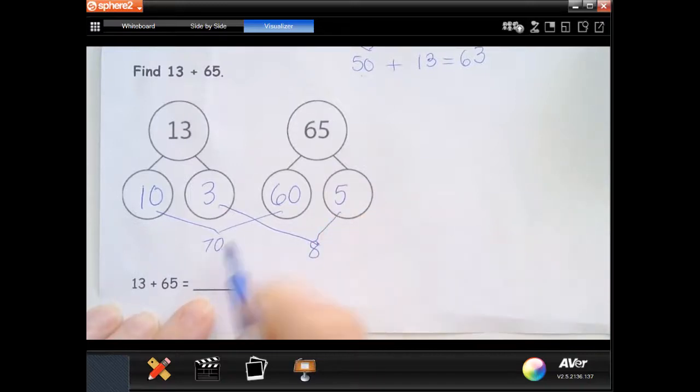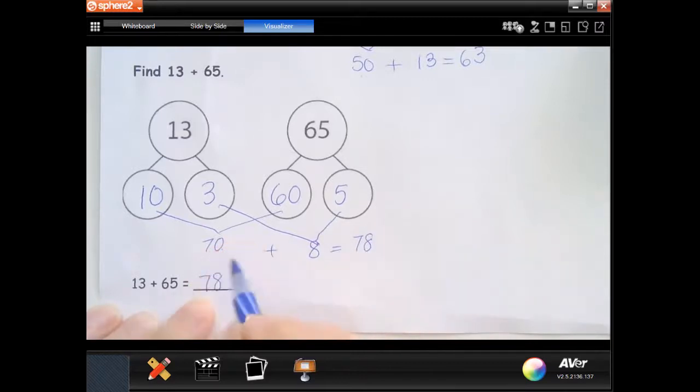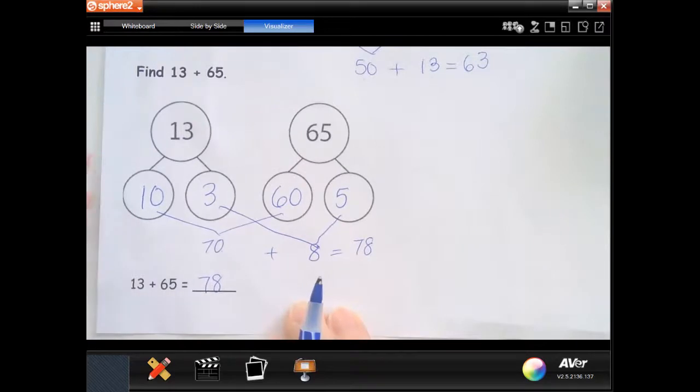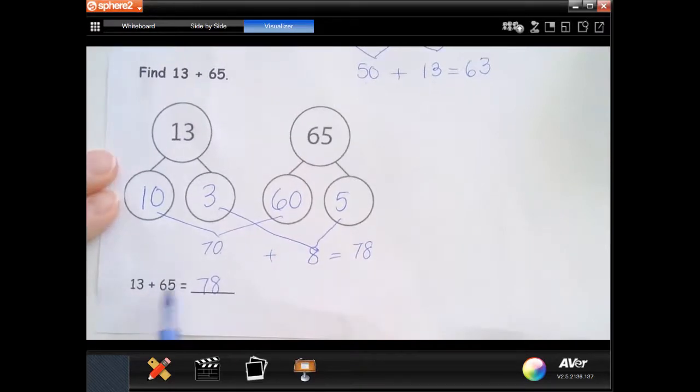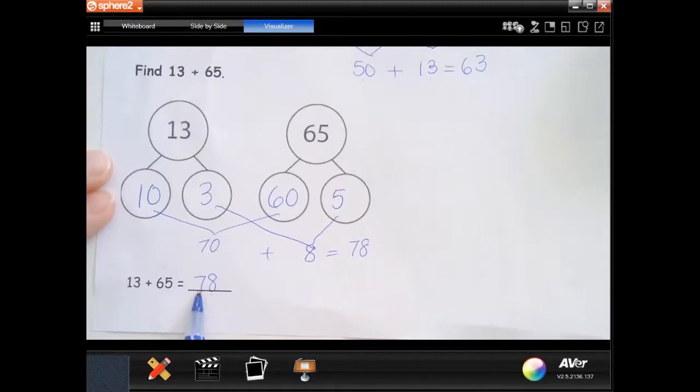So now I need to add 70 plus 8 to get to 78. So now we did not have to regroup for this one because 3 ones and 5 ones is 8 ones. And then 1 ten and 6 tens is 7 tens. So 13 plus 65 equals 78. That was using the number bond strategy.